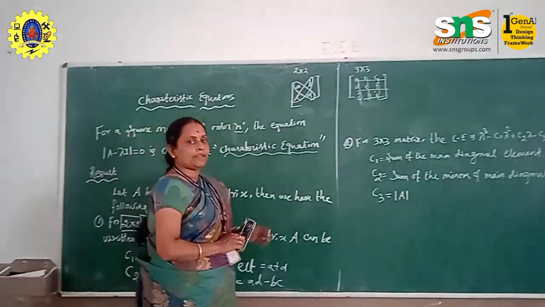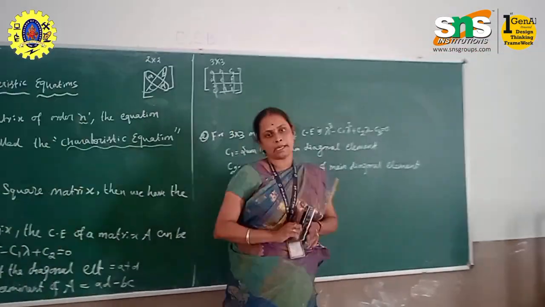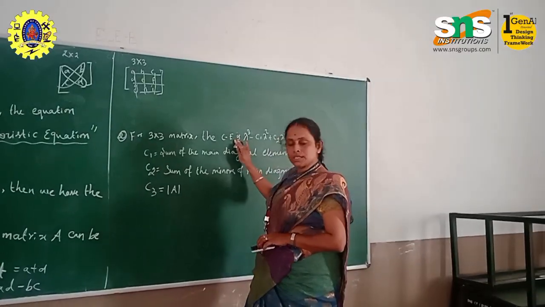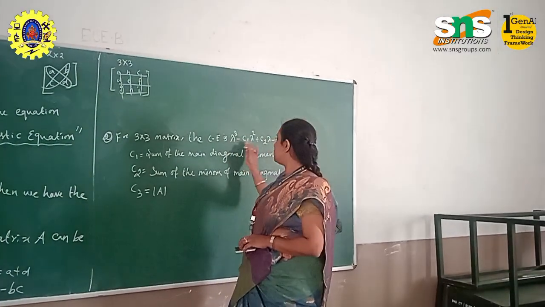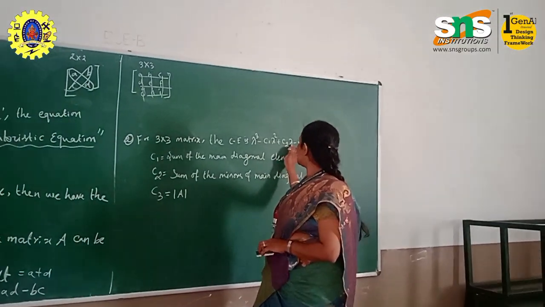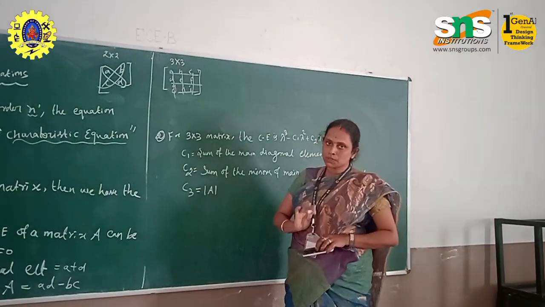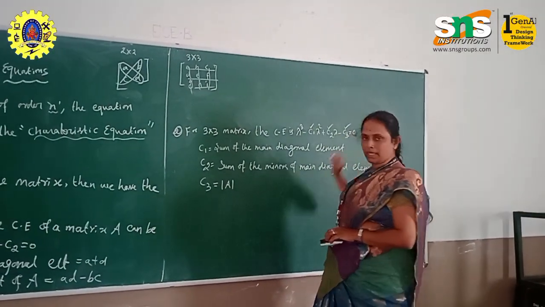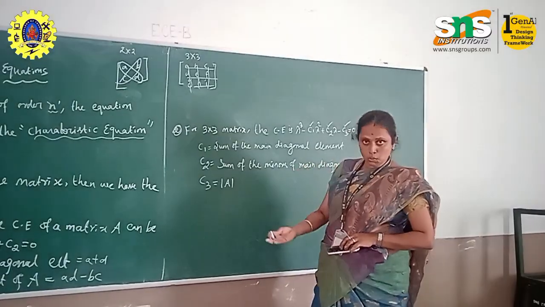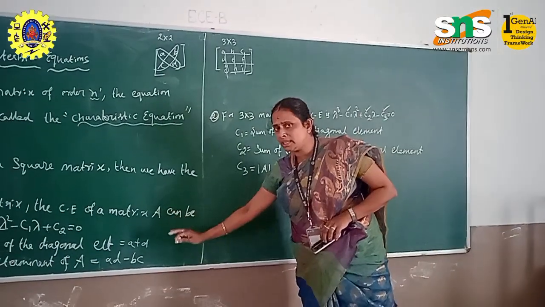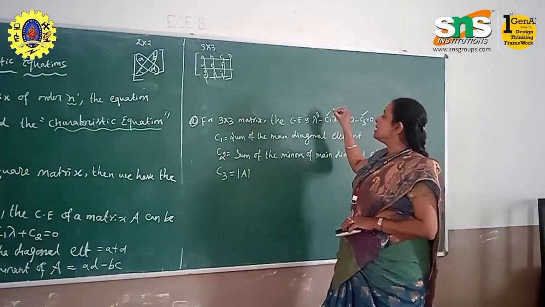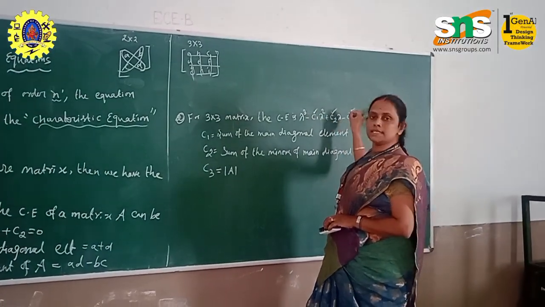Similarly, we find it for the 3 cross 3 matrix. In the 3 cross 3 matrix, the characteristic equation is lambda cube minus C1 lambda square plus C2 lambda minus C3 equal to 0. Now we have to find C1, C2 and C3. In the 2 cross 2 matrix we only find C1 and C2, but in the 3 cross 3 matrix we find C1, C2 and C3.